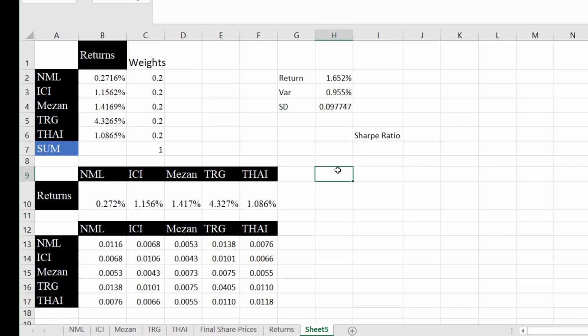To compute Sharpe ratio, we need to have risk-free rate of return. For the past few years, the risk-free rate in Pakistan is around 7%. This 7% is on an annual basis, and to convert it to a monthly basis, I will divide 7% by 12 as we have return on the monthly basis.